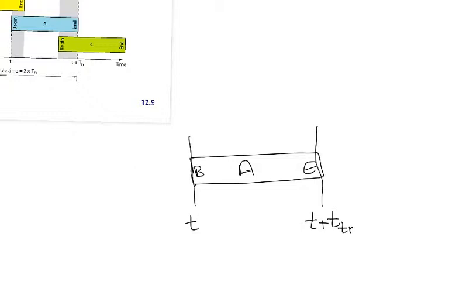So the vulnerable time talks about the time within which I should expect that a collision might happen.